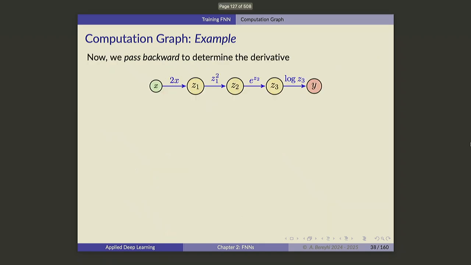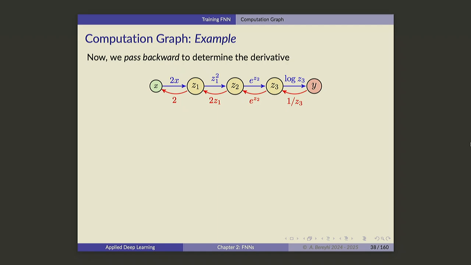Now, what does your computer do then? Your computer is going to do it like this. It's going to say, okay, this was the graph, and if I want to move back, I need to know the program which is computing the derivative of every single edge, right? So if I have z3, I compute that, I put it inside the log, I'm going to get y, right?